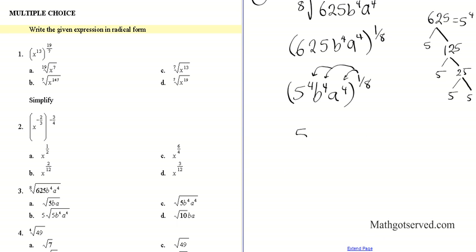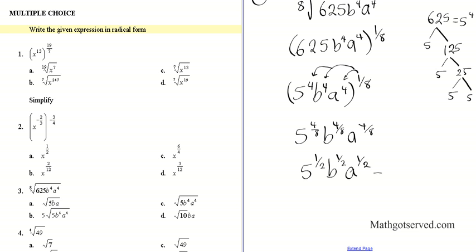I'm going to have 5 to the, well, actually, another thing I could do is, well, let's do that. There's another way I can do this, but let's do that first. So 5 to the 4 over 8, b to the 4 over 8, and then a to the 4 over 8. If we reduce 4 over 8, we end up with 1/2, right? So we have 5 to the 1/2, b to the 1/2, and a to the 1/2.